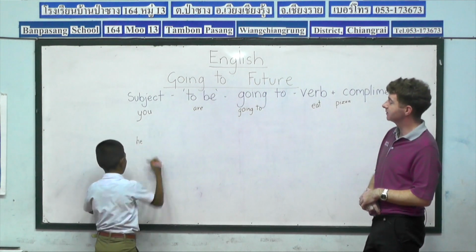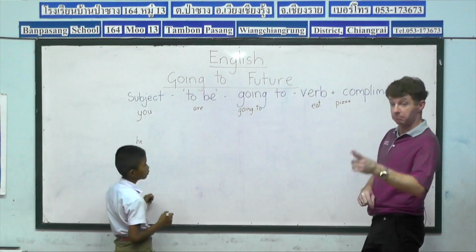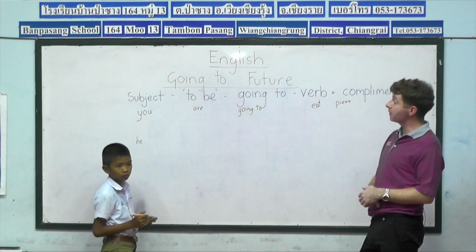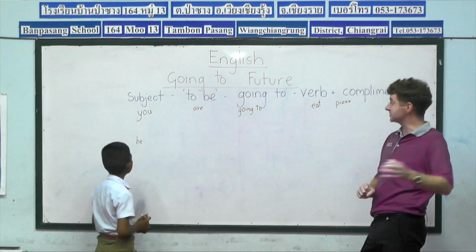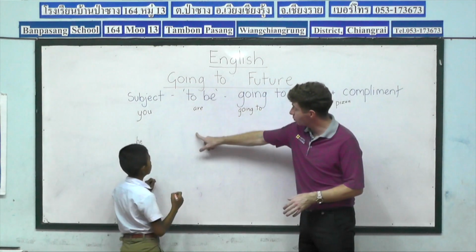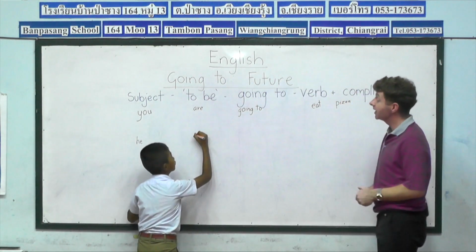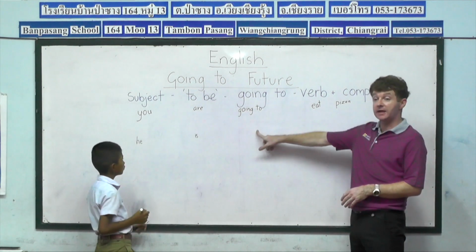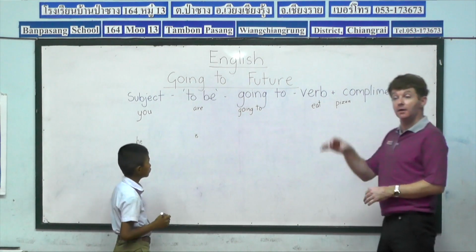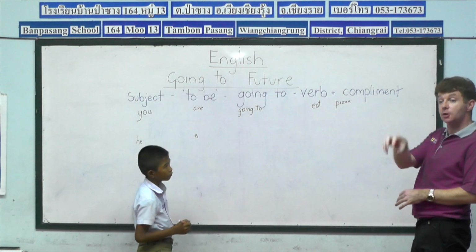So, what subject verb to be arrangement do we need? He is. Excellent. So next one is. I-S. Followed by our phrase, going to. He is going to.